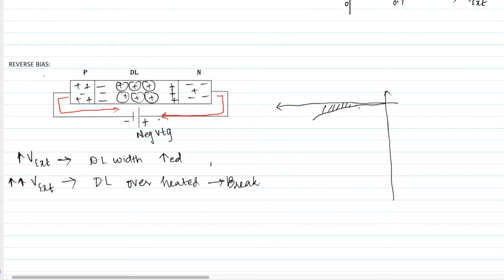When you increase a negative voltage, this depletion region will start increasing, and the electrons and holes will acquire energy from this voltage. But if you still more increase the negative voltage, they will try to move at a faster speed, and it will damage the depletion region, and hence there is a junction breakdown, which is also called avalanche breakdown.